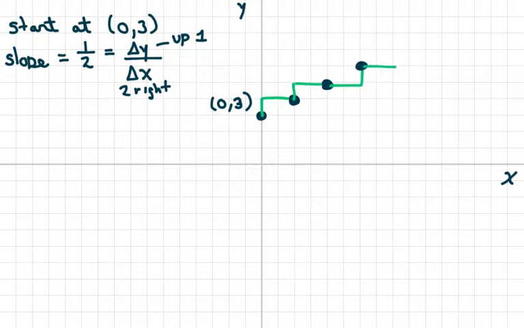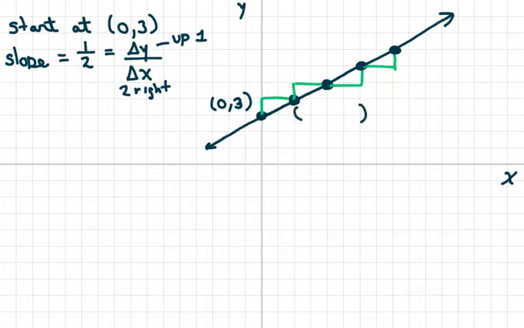And I can keep doing this all day. Remember, my lines don't stop. They keep going forever. So if I wanted to draw the line here, I would extend the line out past just this little set of points.